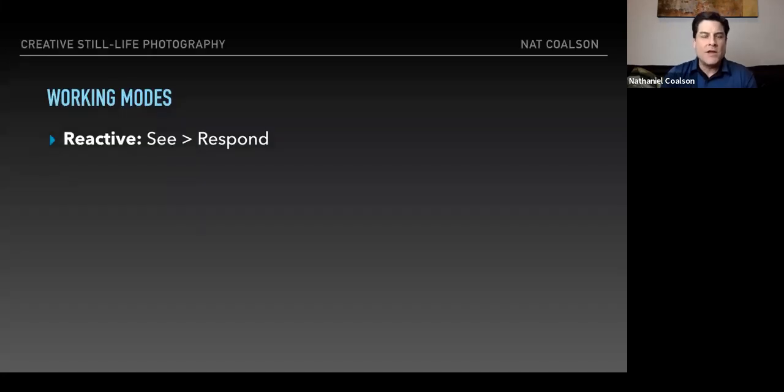So the key here, again, as I said at the outset, is that good photography is really about how well you can think about what you're doing. So you want to be very aware of what mode you're operating in. When you're in a reactive mode, you're seeing something and responding, right? You're grabbing shots sort of as you go. A productive mode might be thought of as taking some more direct direction or influencing the situation.